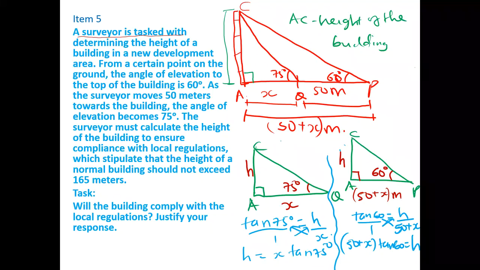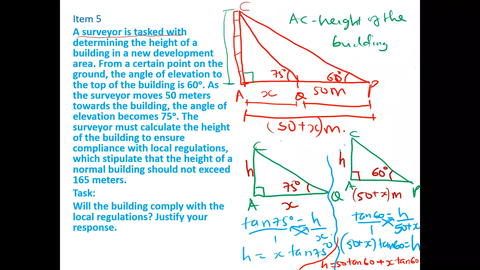It means that H is equal to 50 tan 60 plus X tan 60.